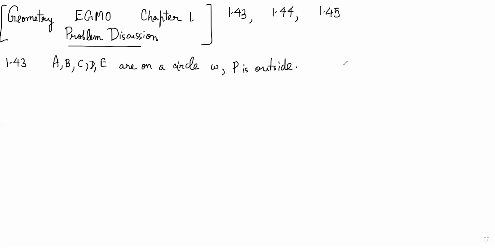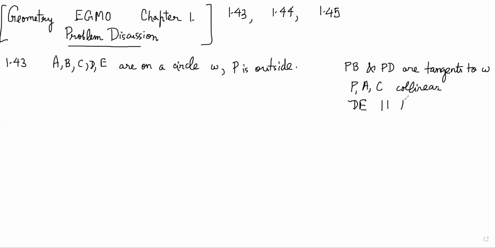Given points are such that PB and PD are tangent to W and P, A, C is collinear, and we have DE parallel to AC. You have to prove that DE bisects AC.